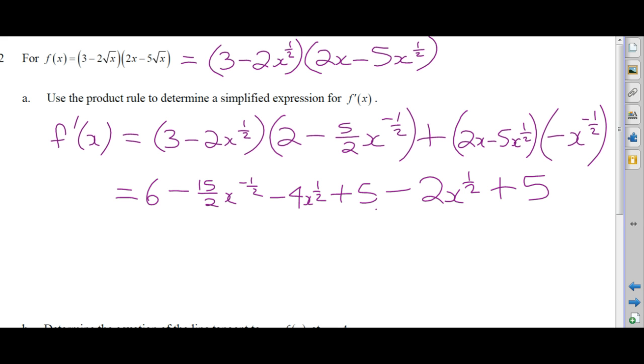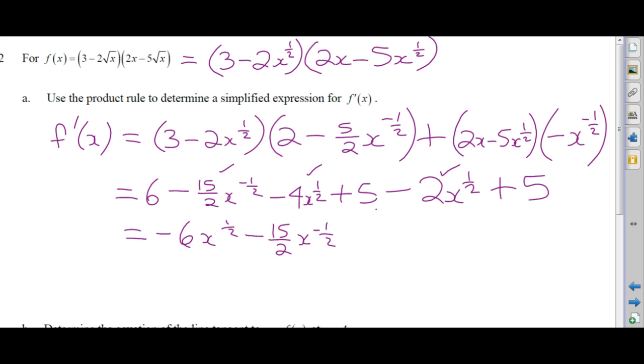Okay, so collecting stuff together, let's do it in powers of x. So we've got minus 6x to the 1/2, and minus 15 halves x to the negative a half.